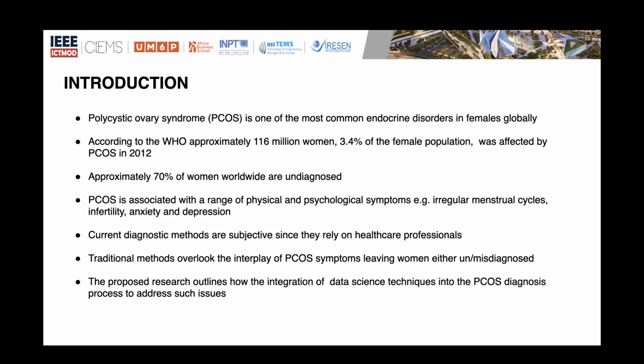In doing the research, a flaw with the current diagnostic methods is that they tend to be very subjective, since they rely heavily on the interpretation of symptoms by healthcare professionals. Additionally, these traditional methods can often overlook the intricate interplay between the diverse symptoms of PCOS, which leads to many women being either undiagnosed or misdiagnosed.